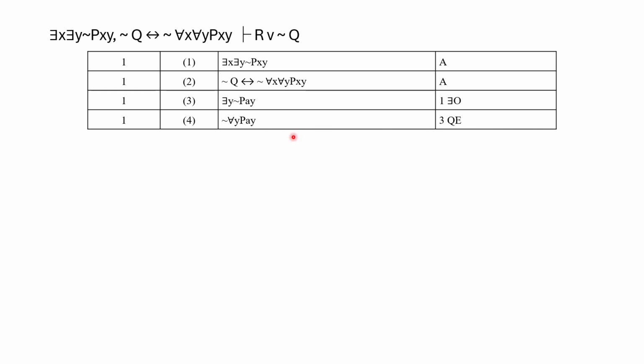So we're going to use our quantifier exchange rule to move this tilde to the outside and flip the existential quantifier. The next thing we want to do is reintroduce the existential quantifier. We're going to replace the a that we just put in there with an existential quantifier in that first place. So now we've got EX tilde AY PXY.